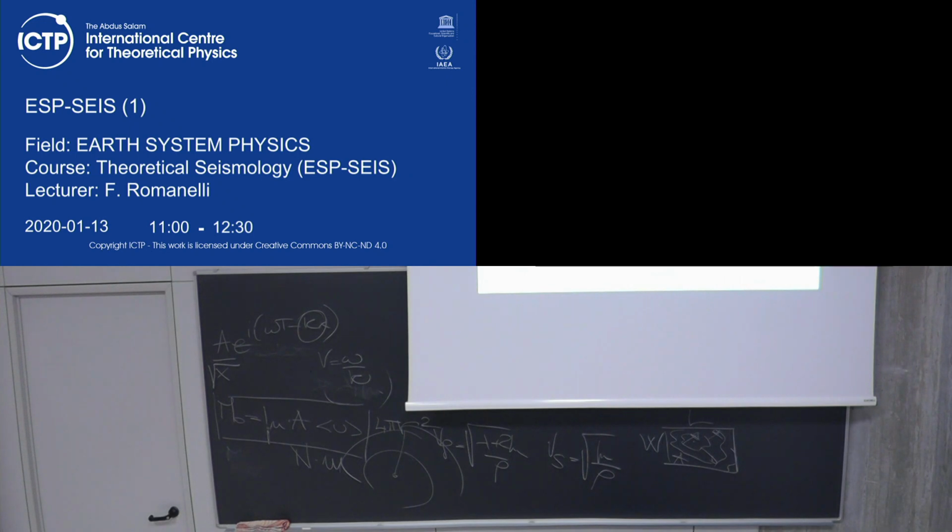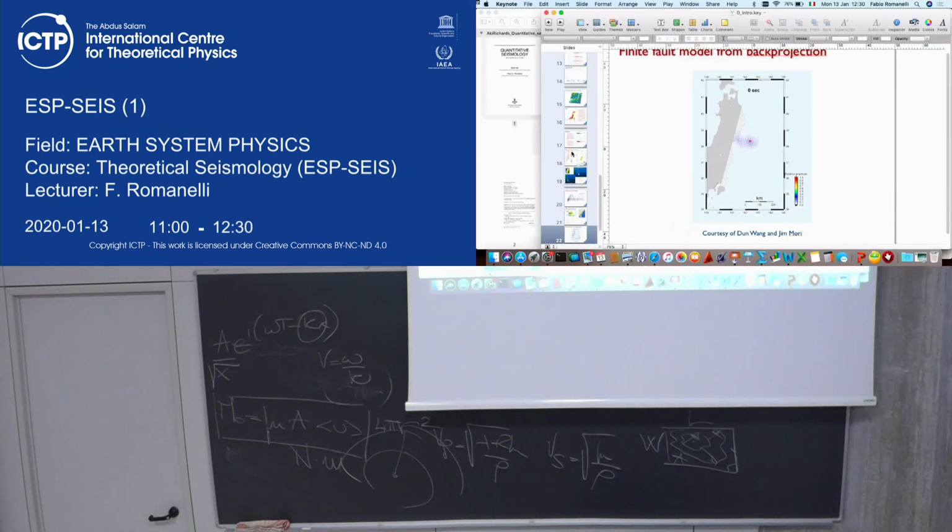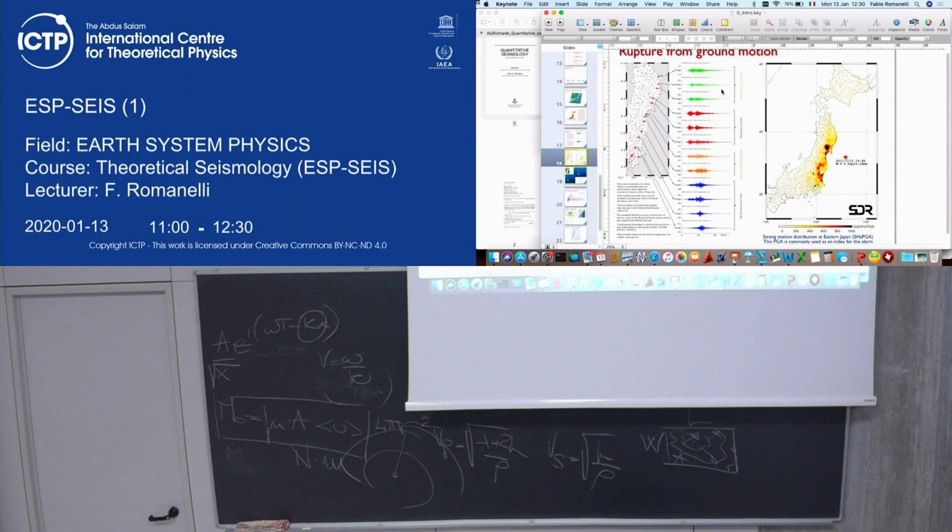Now this inversion has been made also using these signals. Now maybe you do understand why there were 2 packages there of energy, and here at the bottom there was just 1. So the rupture was very complex.